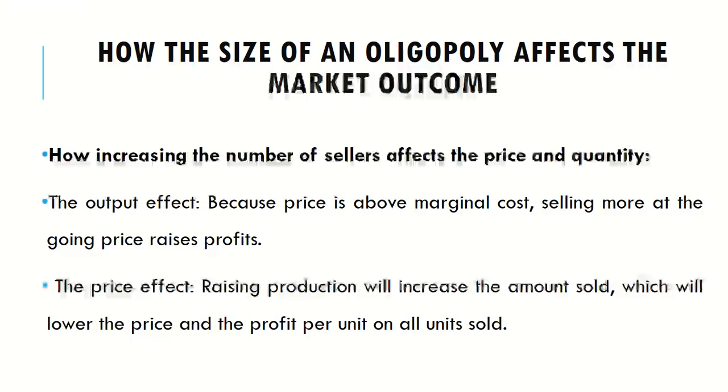When the supply of the product increases in the market, it reduces the price and profit per unit on all the units sold. In short, if the output effect is greater than the price effect, then the firm increases production. And if the price effect is greater than the output effect, then the firm reduces production.